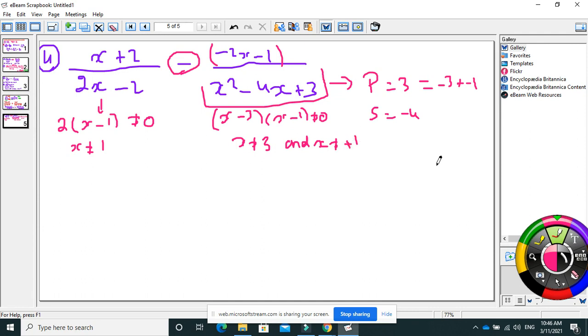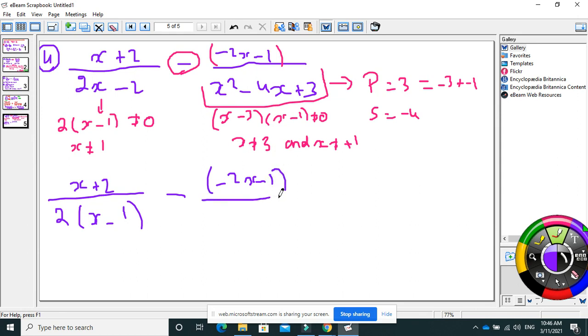Now I will write it as it is factorized to see what's missing to have the same denominator. So I have x plus 2 over 2 factor of x minus 1 minus, as I told you, you leave the numerator with the parentheses. And here I have x minus 3 times x minus 1.